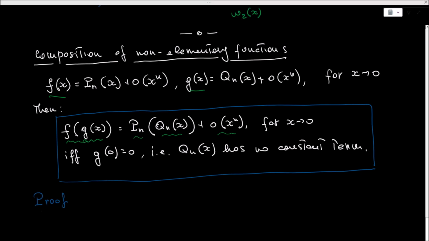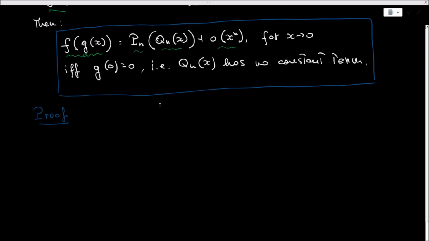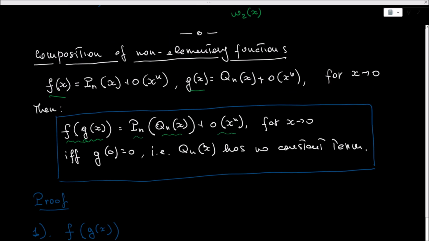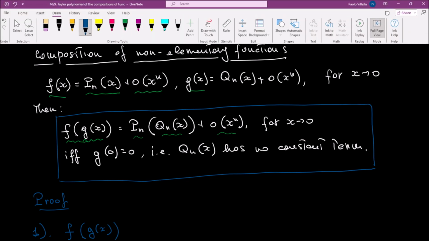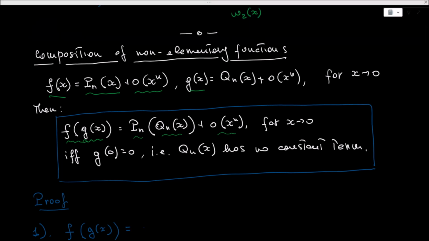The proof is made into two steps. First step: if we calculate f of g of x, knowing that f of x is equal to Pn of x plus little o of x to the n, and we just replace x with g of x, what we get just by substitution is Pn of g of x plus little o of g of x, all this raised to the n.